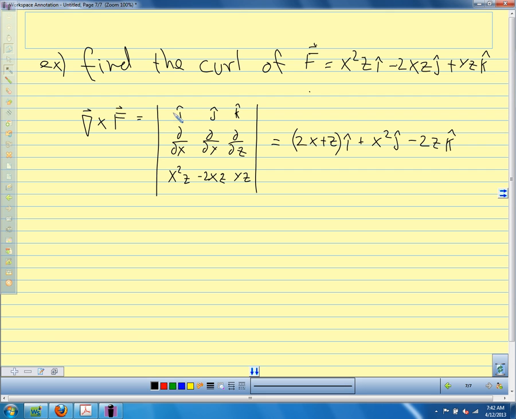Rather than multiplying, I'm taking the partial, I'm doing that derivative. So with this first one, I would do the partial with respect to y of yz, and that's where I got the z. Does that make sense? So rather than multiplying, we're doing the derivatives, the 2x partial with respect to z here.